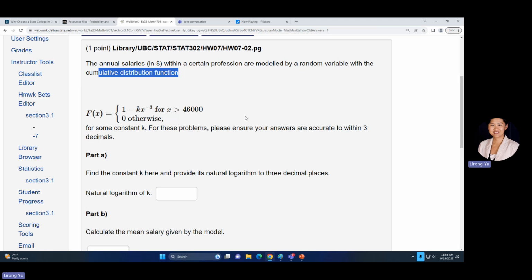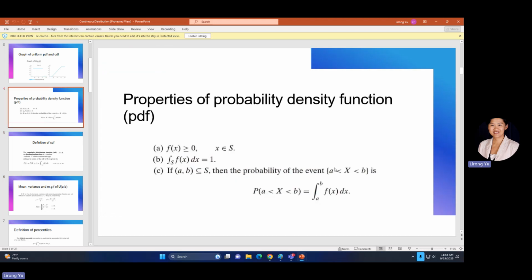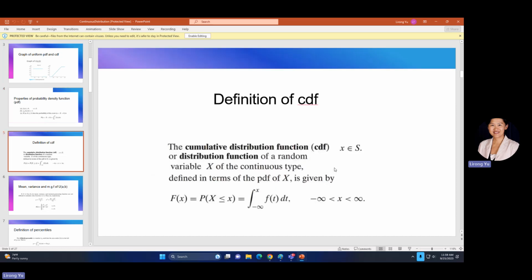That's when x equal to infinity. We're determining the k. Normally, I would consider determining the k using the formula that we had in the text. That's integration of the density function from negative infinity to positive infinity should equal to 1. And then since f of x have a k, we can use this equation to solve for the k. This one we get a cumulative distribution function.